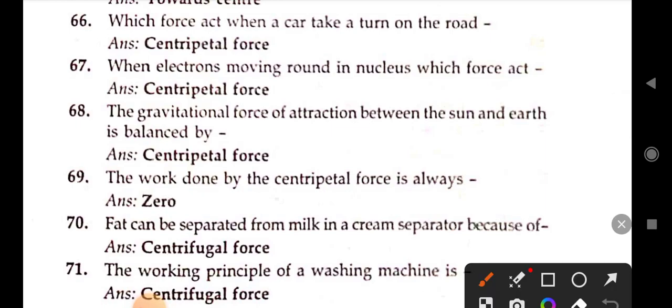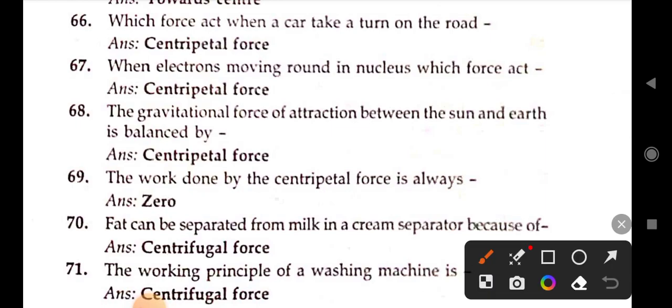Which force acts when a car takes a turn on the road? Centripetal force. When electrons move around the nucleus, which force acts? Centripetal force. The gravitational force of attraction between the sun and earth is balanced by centripetal force.